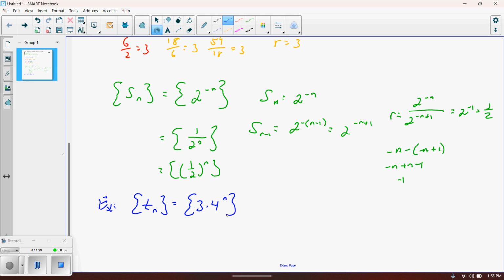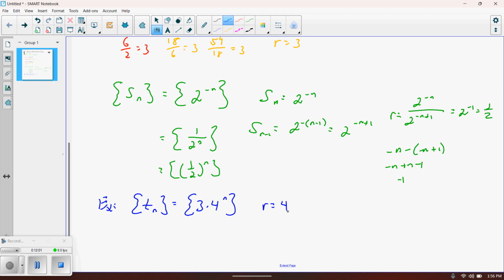What we're looking for here is whether this is a geometric, and it's very clearly a geometric because I have a constant number being raised to the n power. The 3 that's out in the front there is not being raised to the n power. Technically, that is 3 to the first times 4 to the n, but the 4 is being raised to the n power. So my r value is 4.